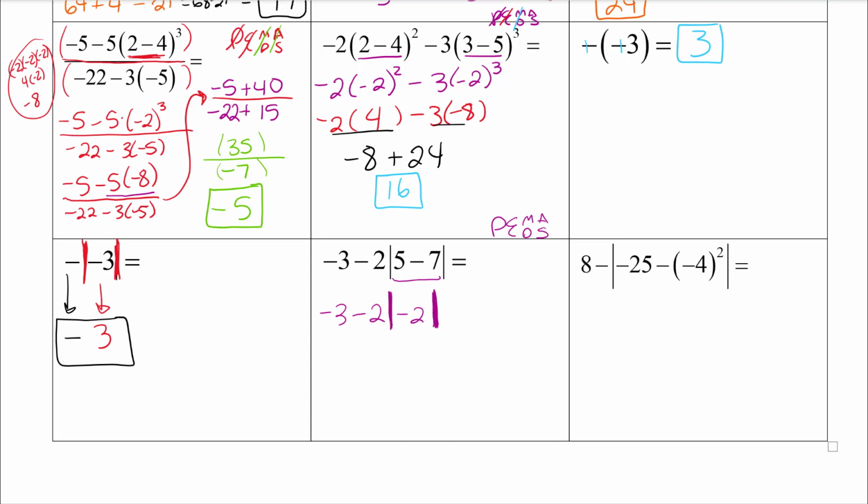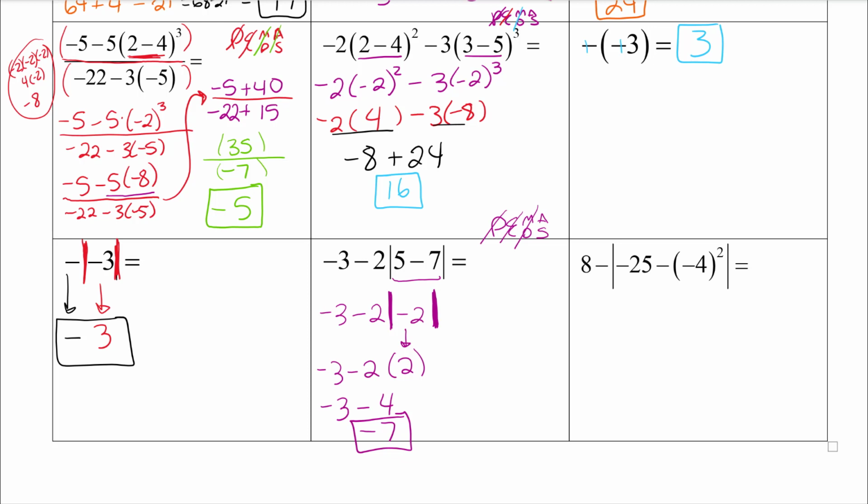The absolute value just makes whatever is inside positive. So it was negative 2, now it's going to be positive 2. So that's P. E, there are no exponents. M and D, I do have a multiply. Negative 2 times 2 is negative 4. And then add and subtract. Negative 3 minus 4 is negative 7. And that is my final answer.